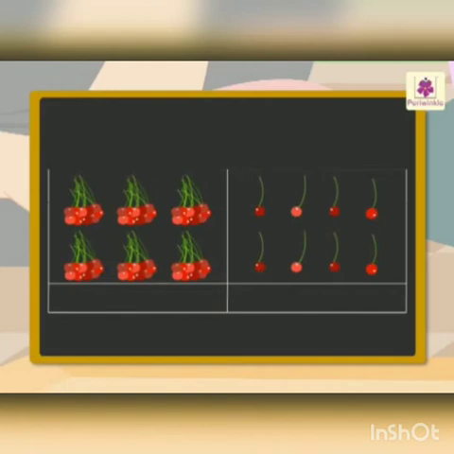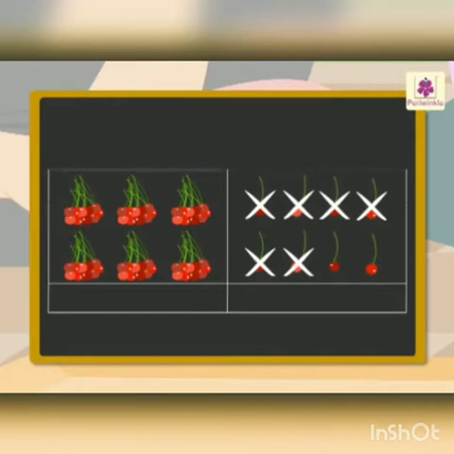To subtract, we first cancel 6 ones from 8 ones, which is equal to 2 ones, and then we cancel 1 ten from 6 tens, which is equal to 5 tens.